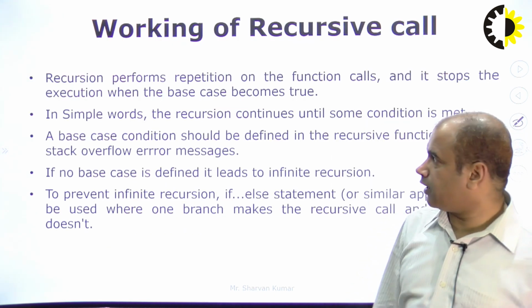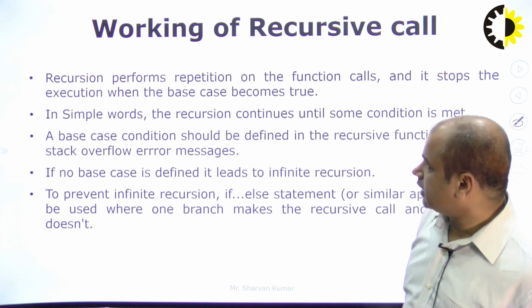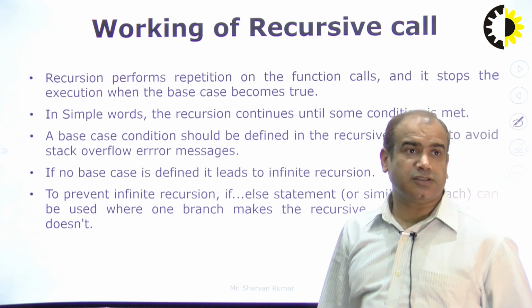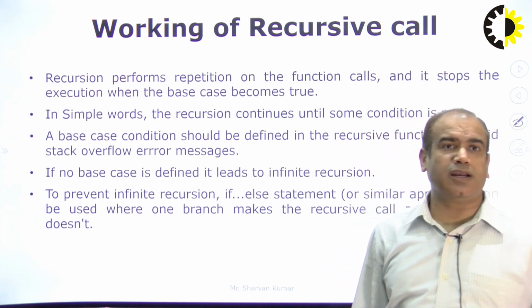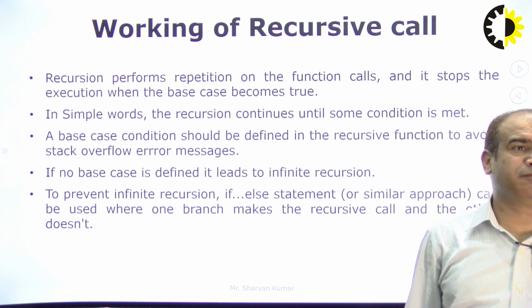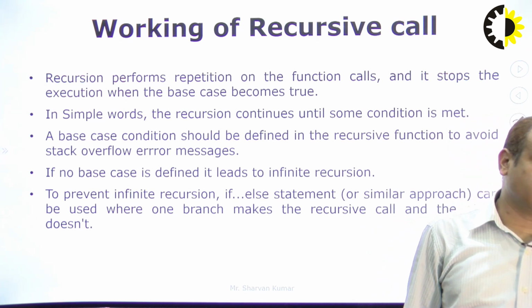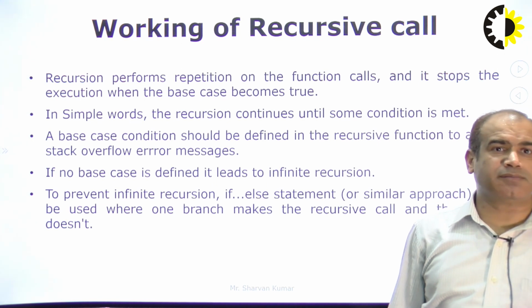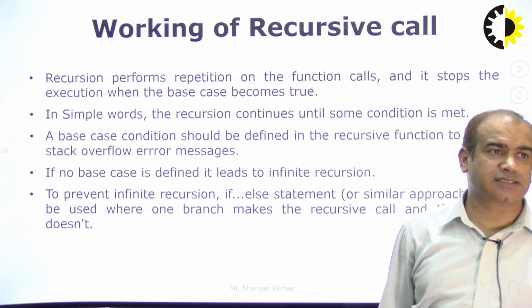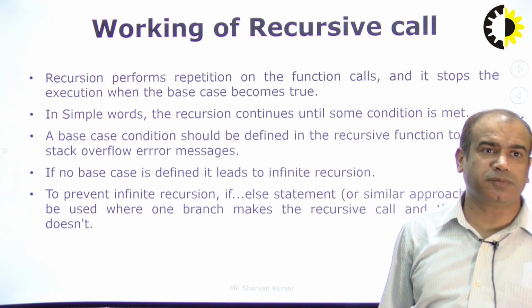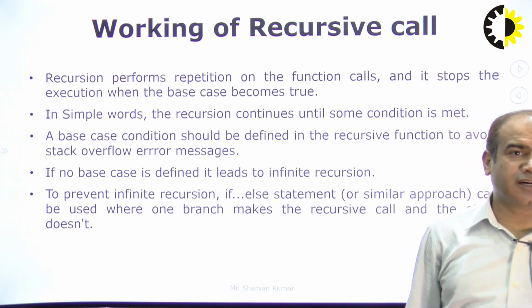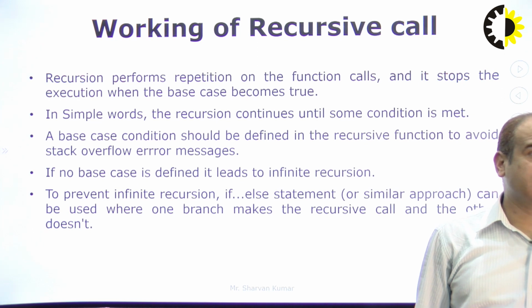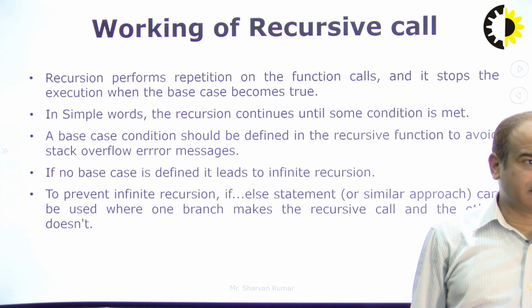So the working of recursion is, recursion performs repetition of the function call and it stops the execution when the base case becomes true. In simple words, recursion continues until some condition is met. A base case condition should be defined in the recursive function to avoid stack overflow error messages.